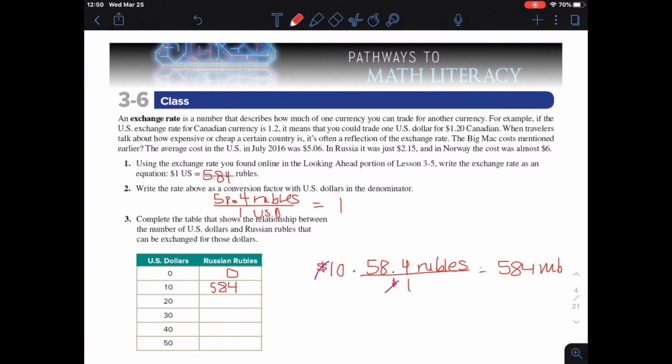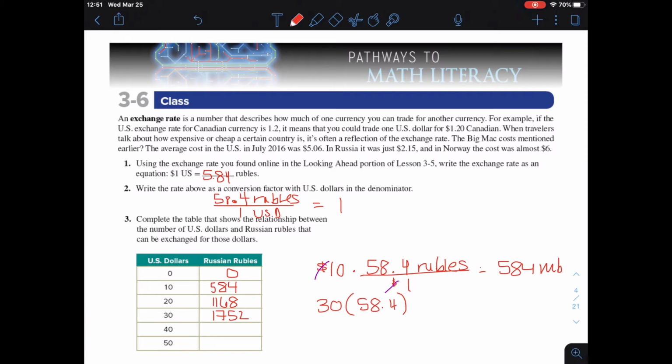You do the same thing for 20: you would multiply this by 58.4, and you'd find out you get 1,168 rubles. For 30, same thing, you take 30 times 58.4, and that will give you 1,752 rubles.